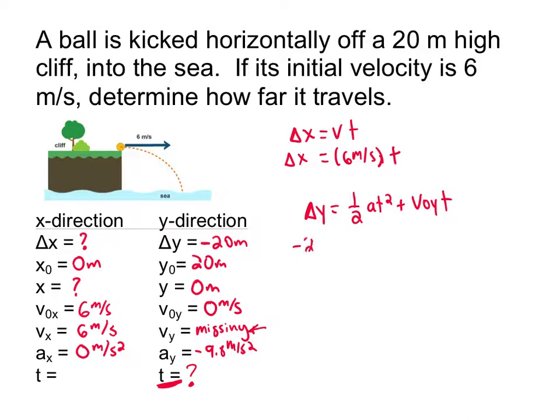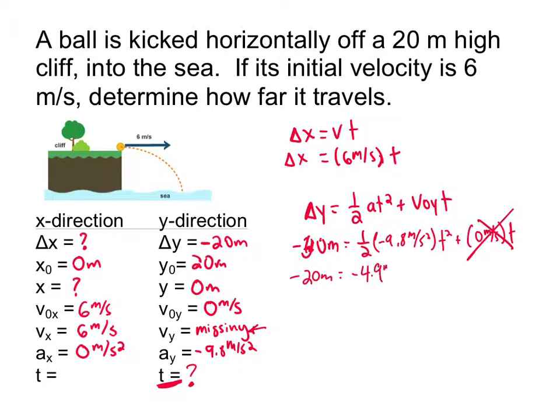We have negative 20 meters is equal to 1/2 times negative 9.8 meters per second squared times time squared, plus our initial y velocity, which is 0, times time. The last term will cancel because of that 0. Now I'm just going to multiply this through: negative 20 meters is equal to negative 4.9 meters per second squared times time squared.